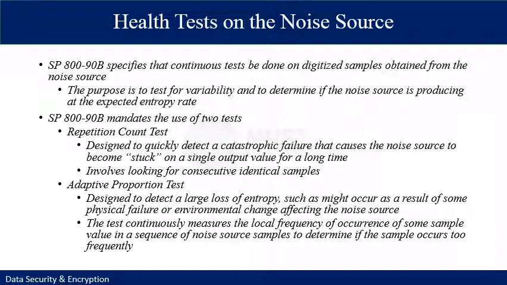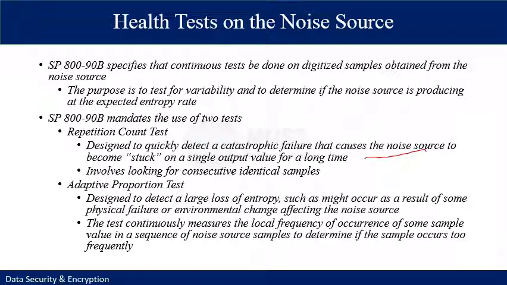The repetition count test is designed to quickly detect catastrophic failure that causes the noise source to become stuck on a single output value for a long time, and it involves looking for consecutive identical samples. So the repetition count test starts by recording the sample value and then counting the number of repetitions of the same value.